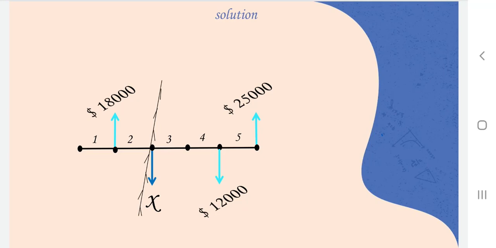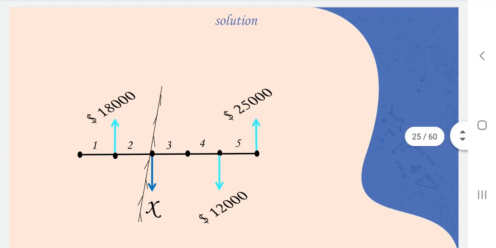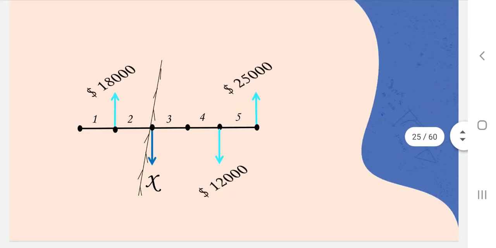So I equal 4.5%. Now you can get N. N for $18,000 equal 2 because of the time equal 1 year. N for X equal 0. N for $12,000 equal 4. And N for $25,000 equal 6.